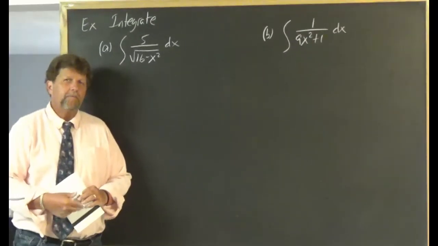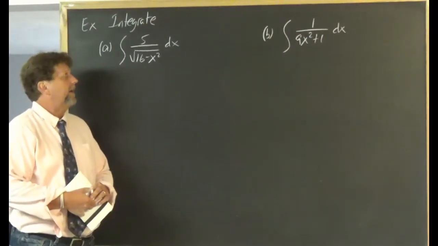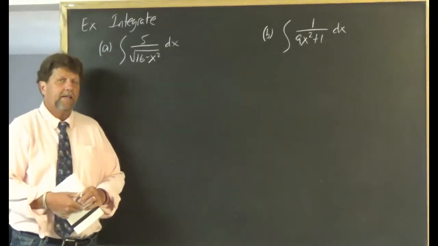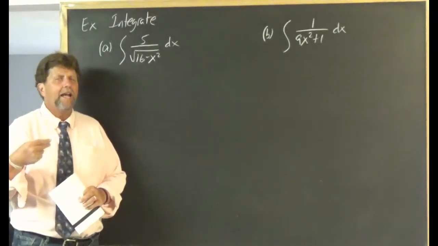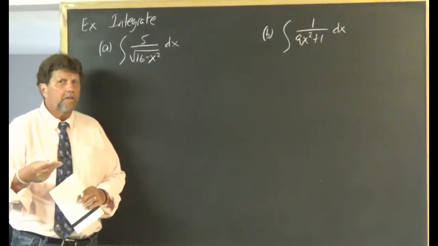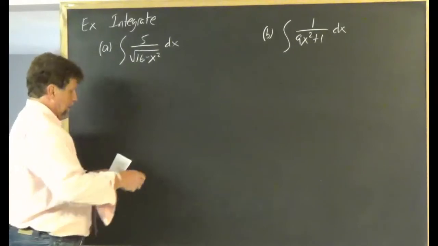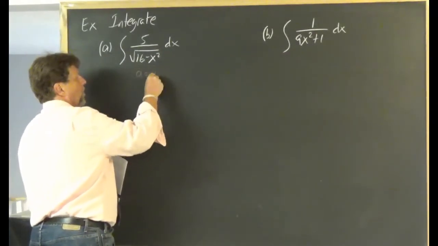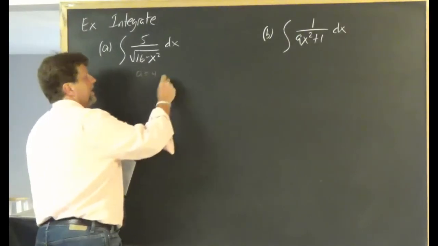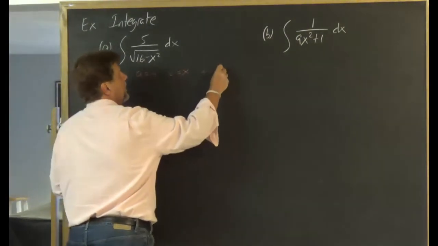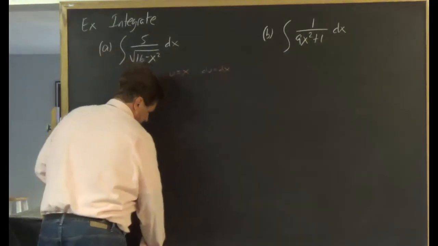All right, folks, when I look at part A here, integrate 5 over the square root of 16 minus x squared dx, I say to myself, that kind of reminds me of inverse sine. It looks like an inverse sine where I could say A is 4, because 4 squared is 16. U is x. Du is dx.